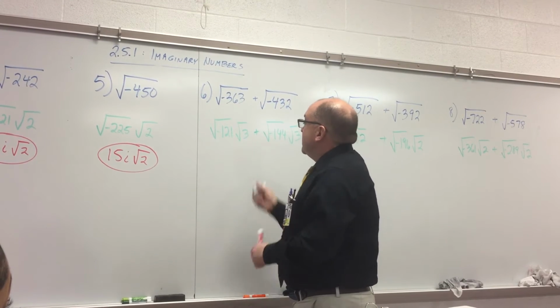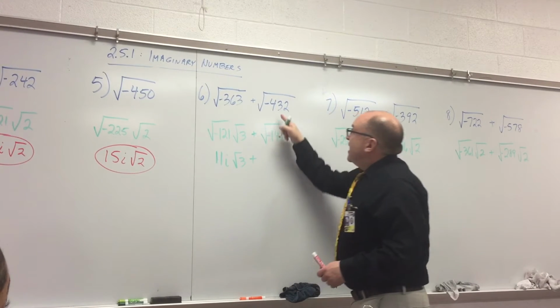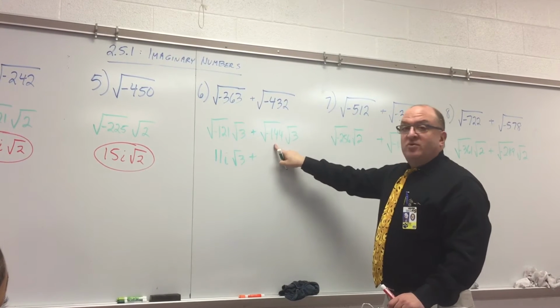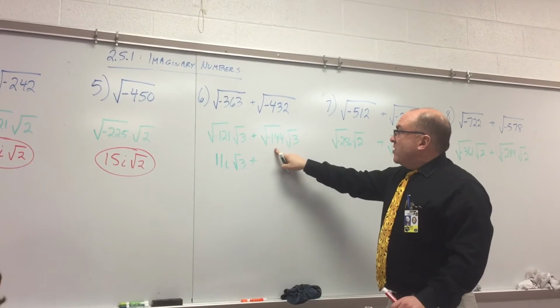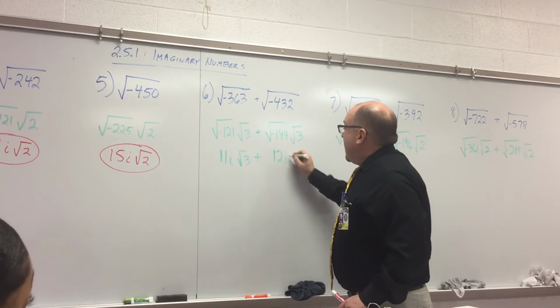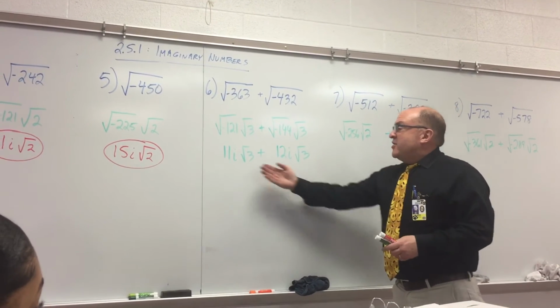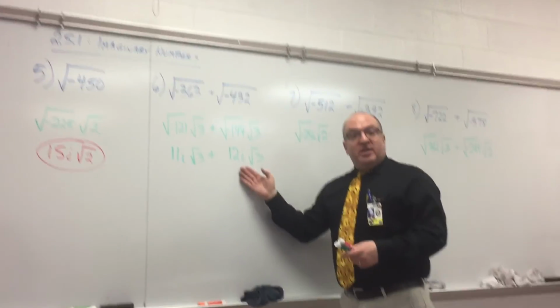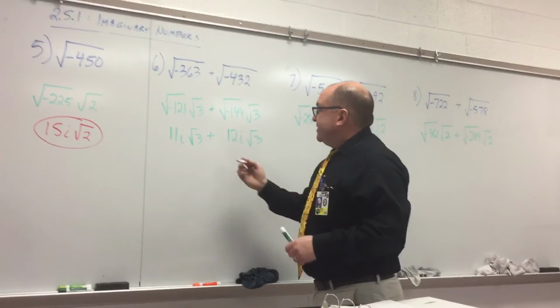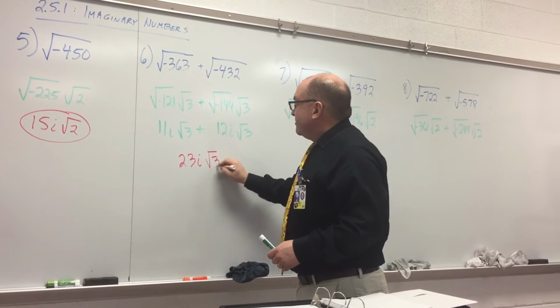Let's do this. 11i square root of 3. And this breaks down to square root of negative 144 times square root of 3. 12i square root of 3. And you add them together. 11i plus 12i is 23i square root of 3. Okay?